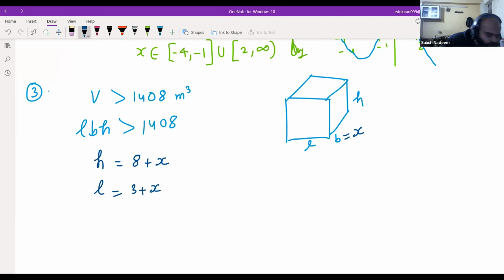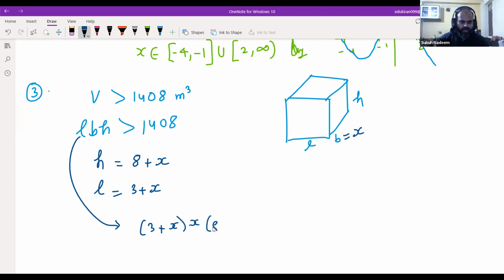Okay. So this is the word problem. This is how we have written it. Now this means length is 3 plus x, breadth is x, height is 8 plus x. This needs to be greater than 1408 meter cube.